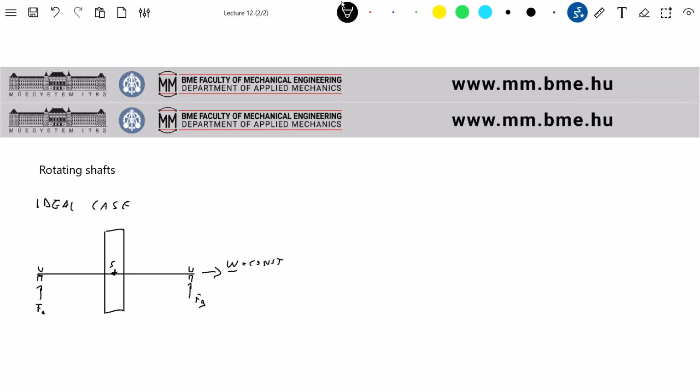And let's draw a reference frame, x, y, okay? So in the ideal case, we have various features. The first thing is that the center of mass is on the axis of rotation.